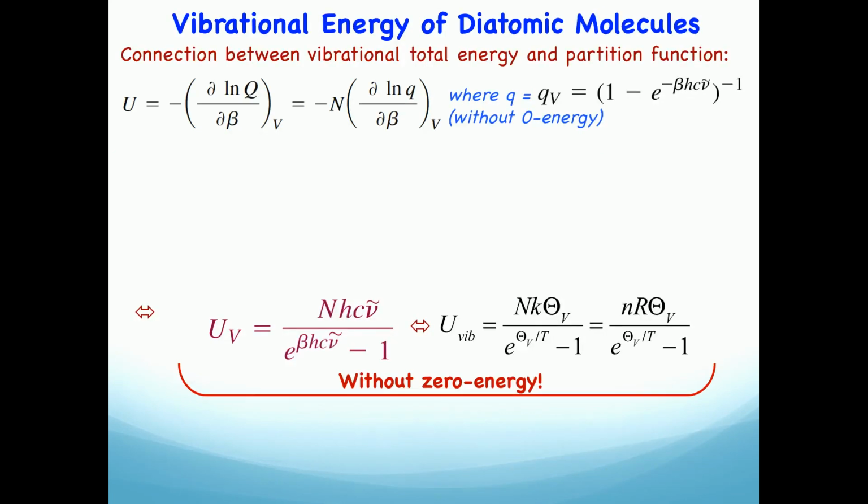But it exists. Okay, so now we get the internal energy by taking derivatives of the partition function. And again, well, log. In this case, I think we can use this formula, right?